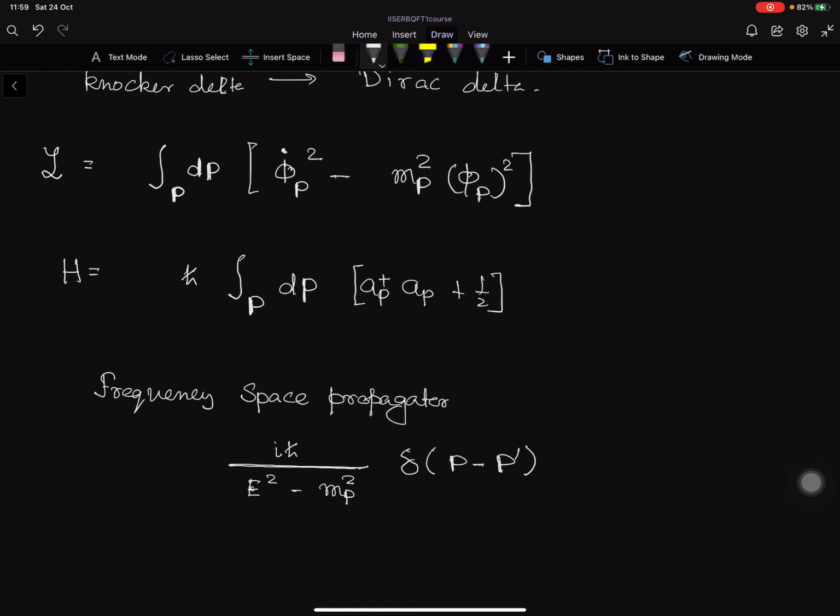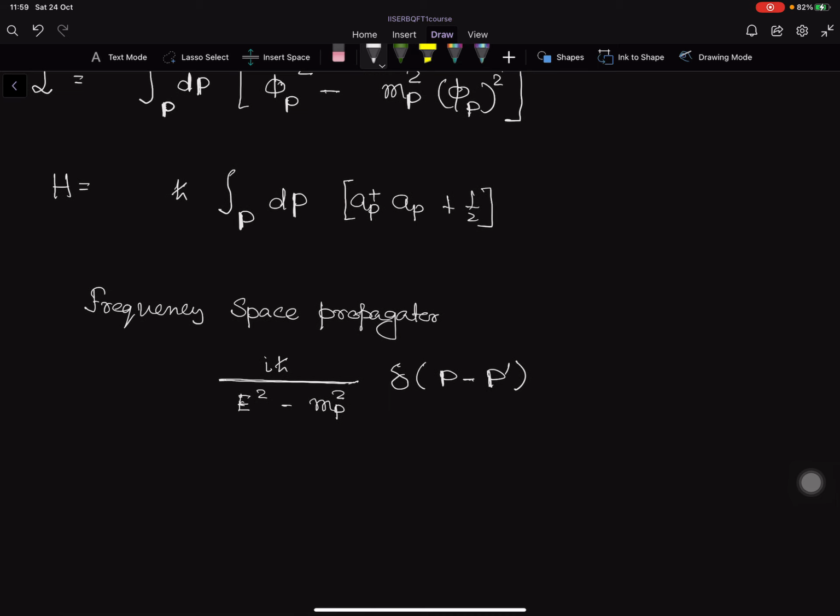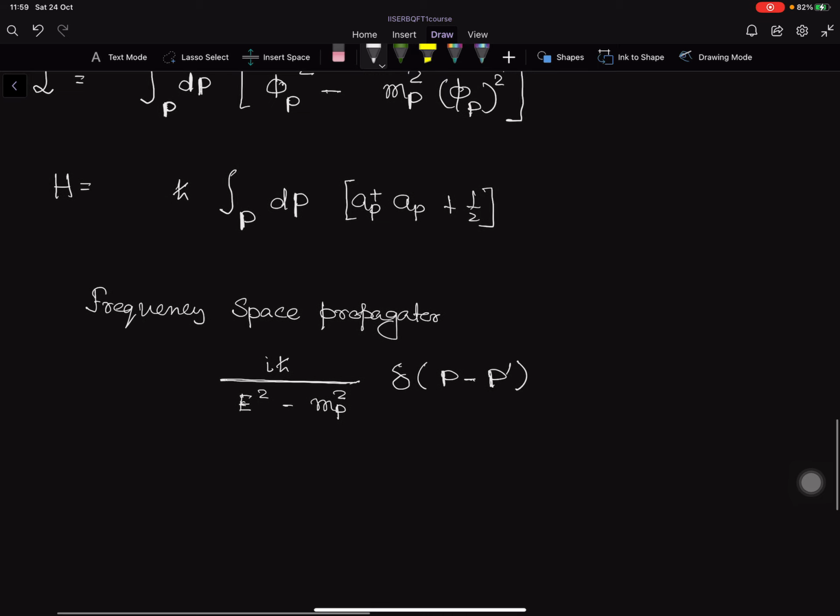Okay, so this is how everything will suitably modify. But up to this point we haven't mentioned what the range is in which p and p prime take values.